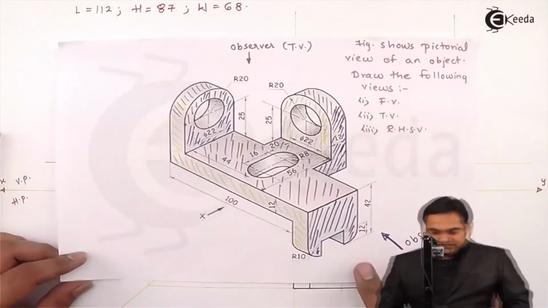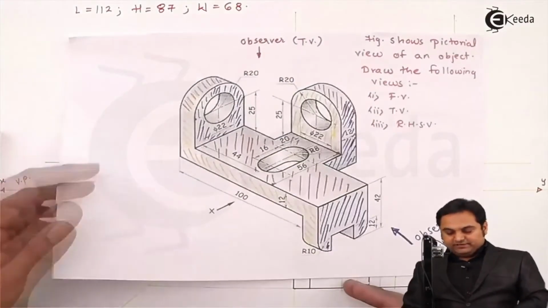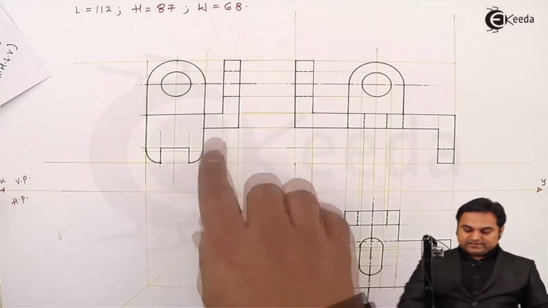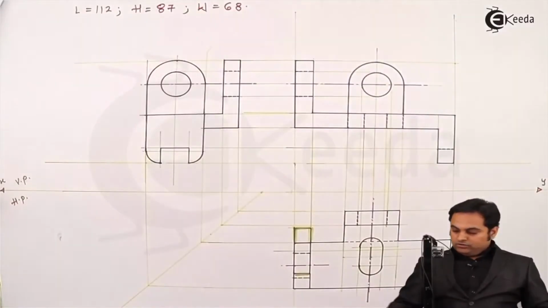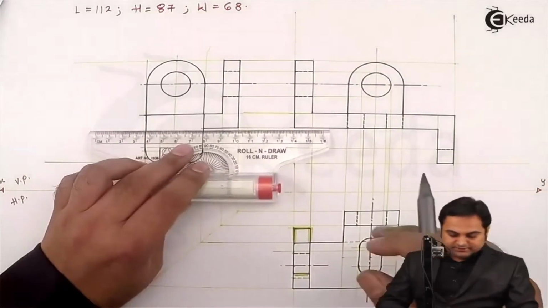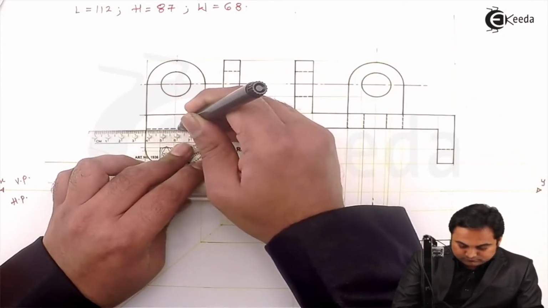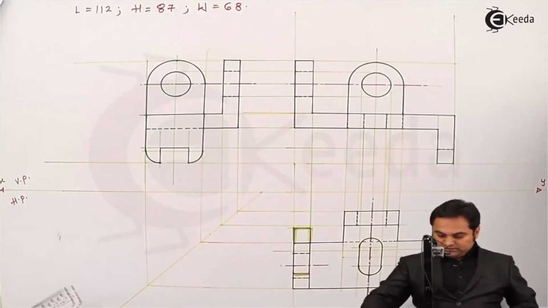When looking from the side, this slot is also hidden and won't be seen from the side view, and that slot is inside this plate. First, I'll extend this line because it is there throughout, so it will be hidden. And inside this plate, this slot is there, so I'll just project it.